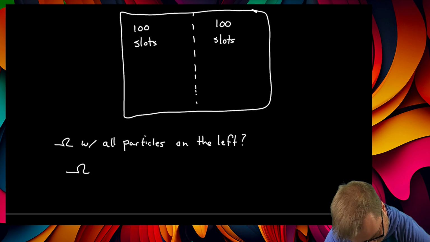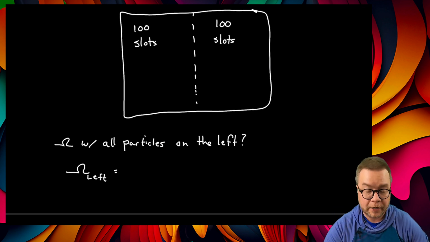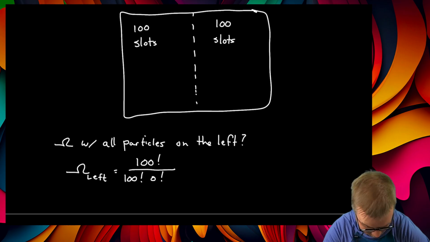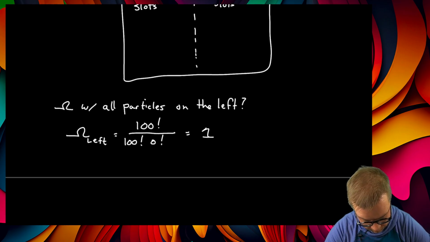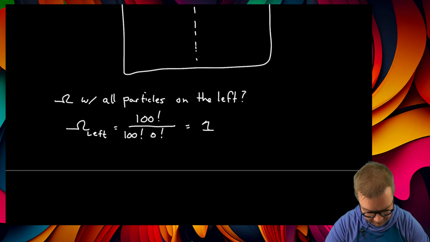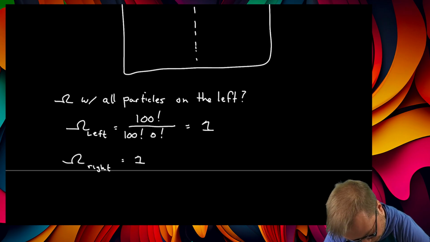The number of microstates where they're all on the left, I've got 100 particles, so I've got 100 factorial. I have 100 on the left and 0 on the right, and that gives me one way to do that. For the exact same reason, because multiplication is commutative, I would find that the number of microstates where they are all on the right-hand side is also equal to 1.